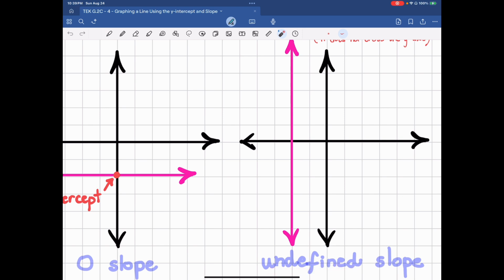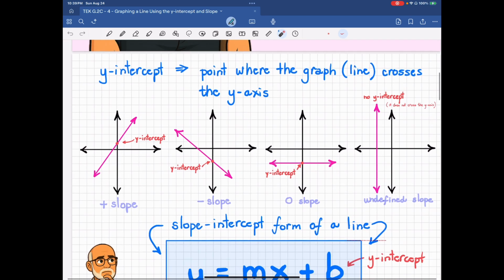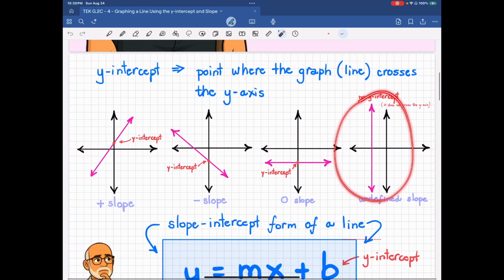Unless that vertical line is the y-axis, it is not going to touch the y-axis. It's always going to be parallel to the y-axis if it's another vertical line. So there is no y-intercept in this last example. But here, here, and here, we do have y-intercepts.